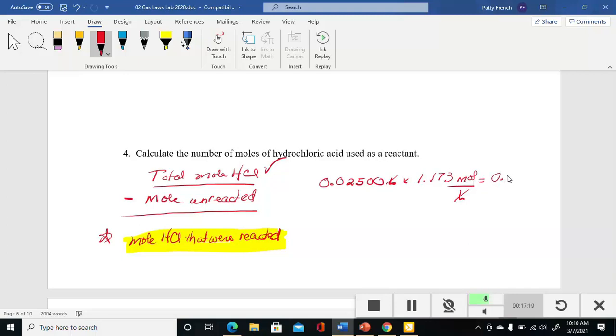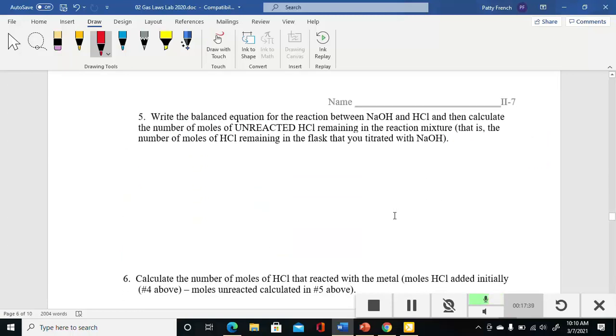So this comes out to be 0.02933 moles, and this is your total. Right here, this guy. I guess what we have to do is find the moles that didn't react, the ones that were left over.